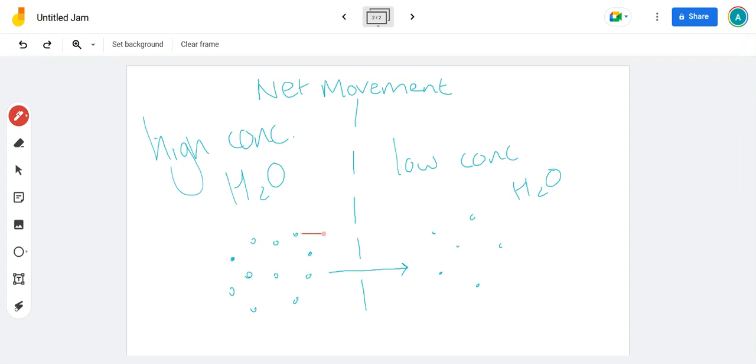Now, it might be the case that that molecule is moving that way and is going to head through that gap. However, it might be the case that this molecule is heading that way, and this one is heading that way, and this one is heading this way. So each molecule has its own kinetic energy and is moving completely randomly.